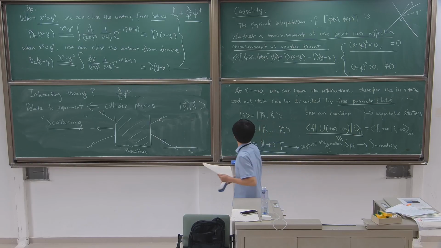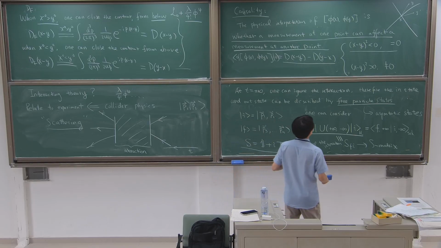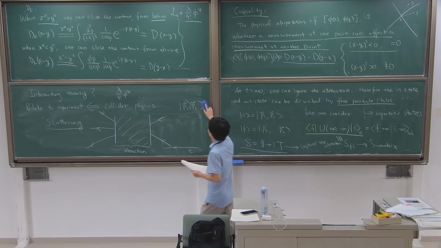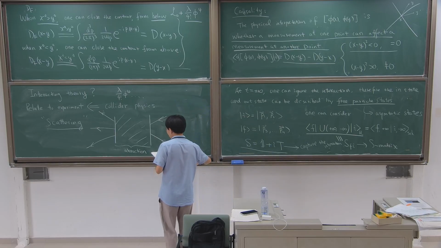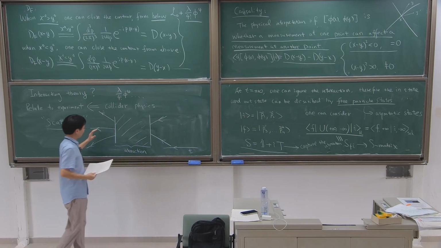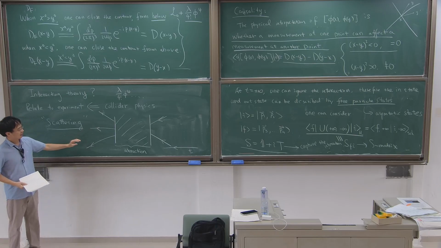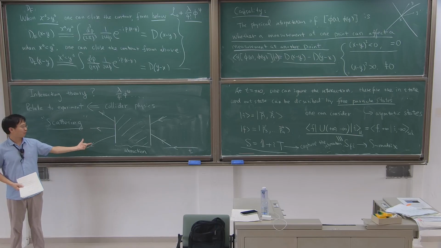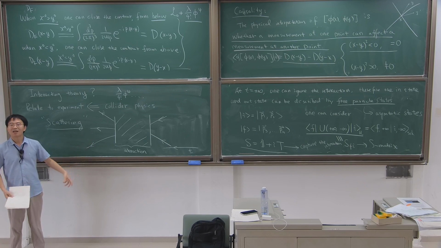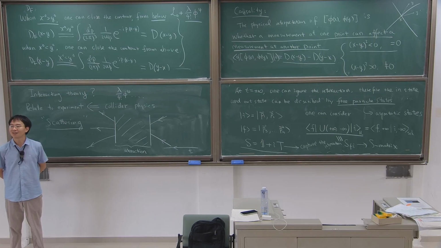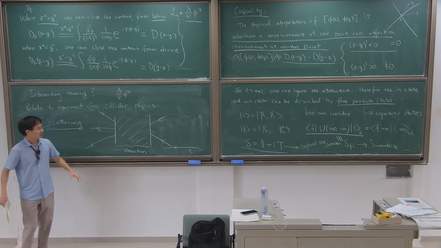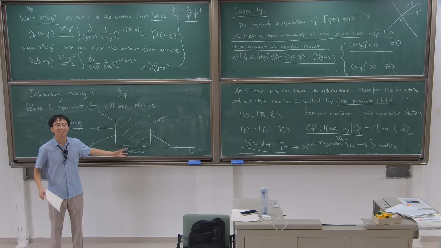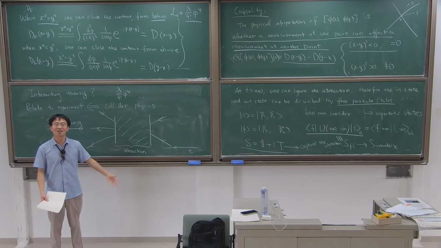Now you can go further, because in all these scattering processes, the total momentum is conserved. Actually all momentum, including energy. That essentially means there's no external force or external source for this process.